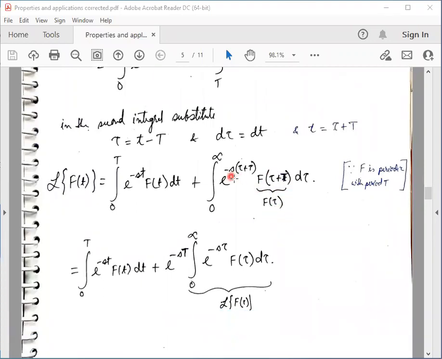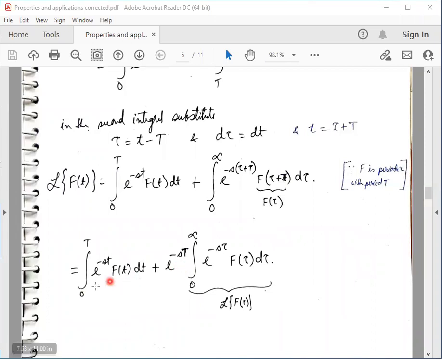And e to the power minus s tau plus T can be written as e to the power minus s tau multiplied by e to the power minus s capital T. Since capital T is a constant, I can take it outside the integral sign, because this integration is with respect to tau. Here s is a constant, T is a constant. So e to the power minus sT I have taken outside here.